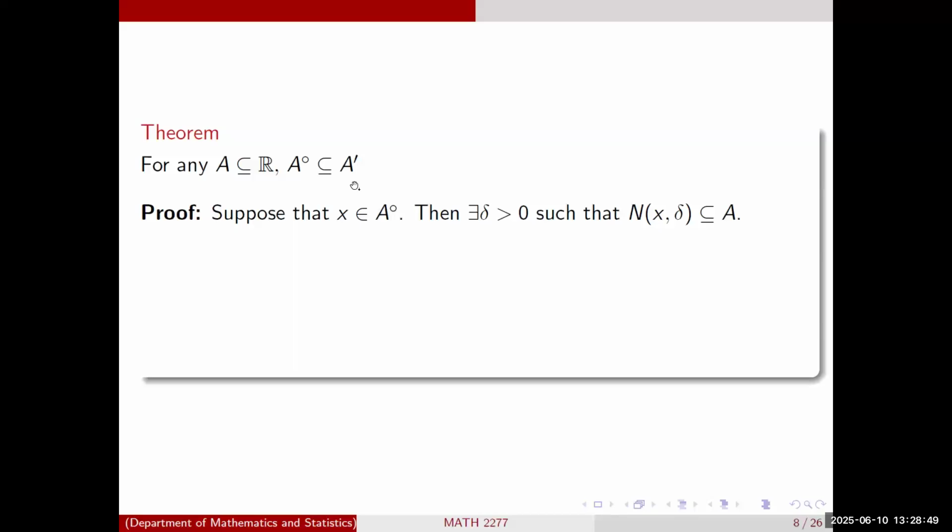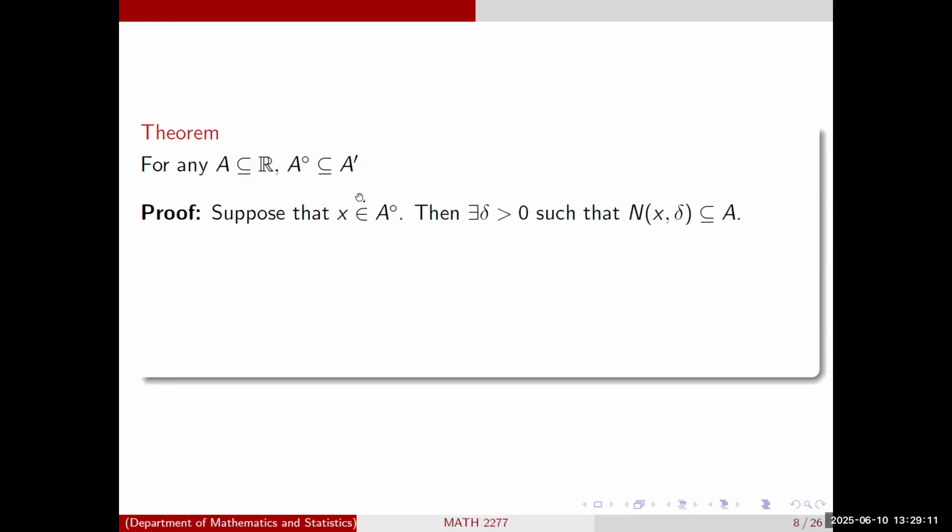And how to show this? Very easy, because how do you show one set is a subset of another? So suppose X belongs to the first set. We need to show X belongs to the second set.